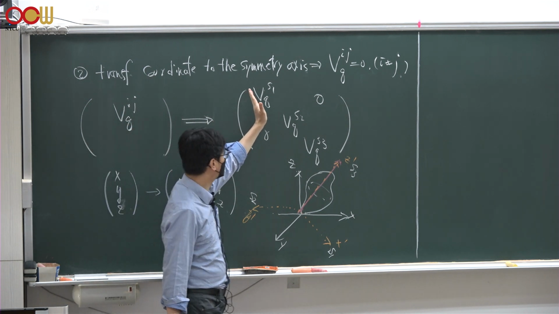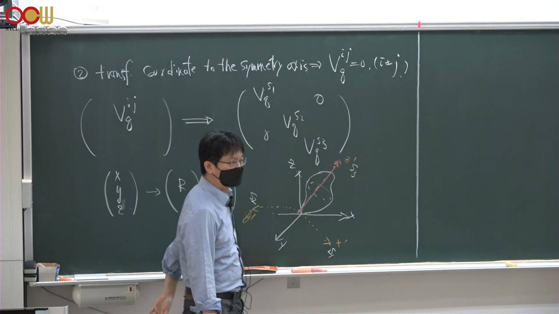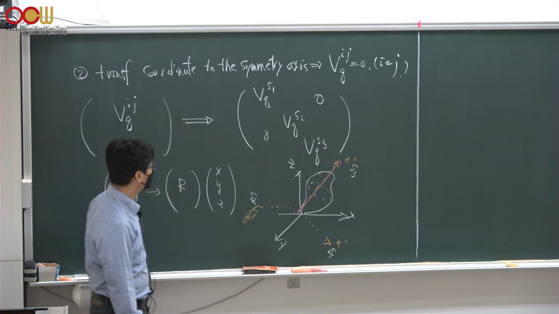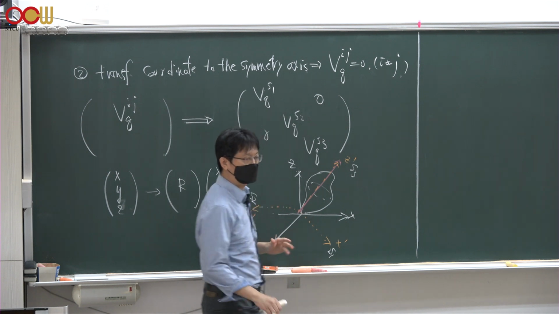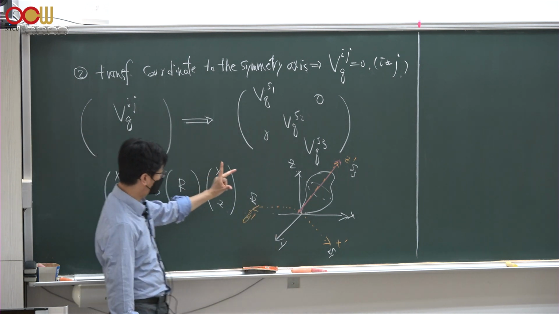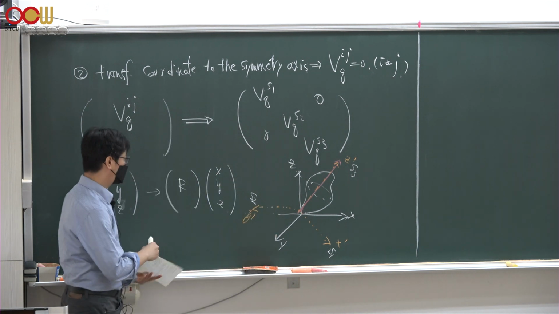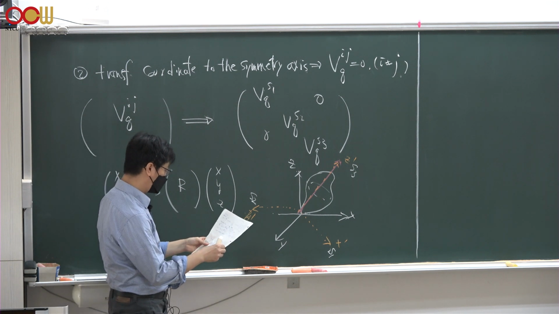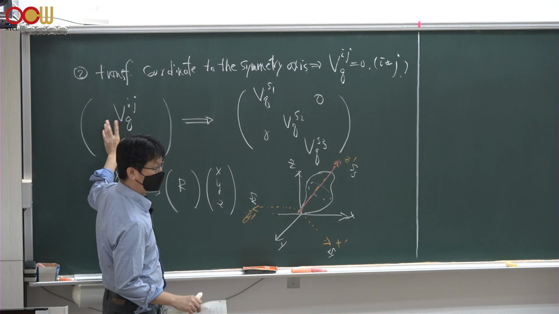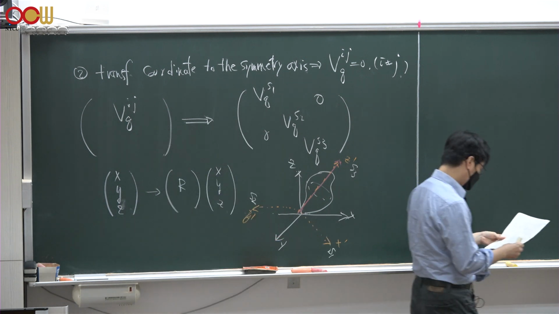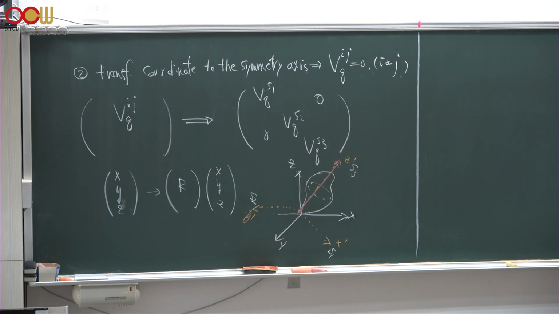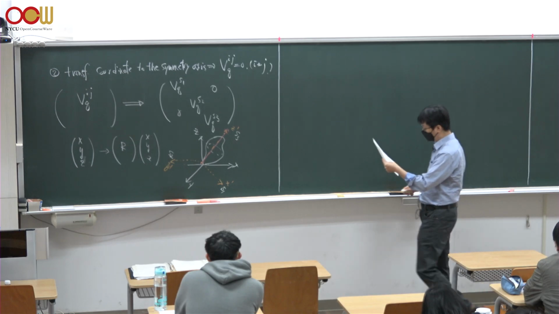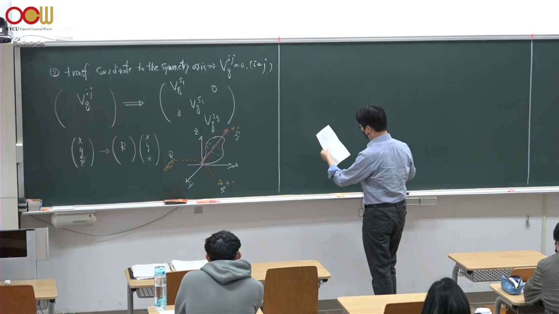Namely, you have only three non-zero eigenvalues along the diagonal, and all the other matrix elements are zero, because you already transformed your axes to the symmetry axes, so that the 3 by 3 matrix is diagonal. And the three axes, S1, S2, and S3, are called directions of polarization of phonons.